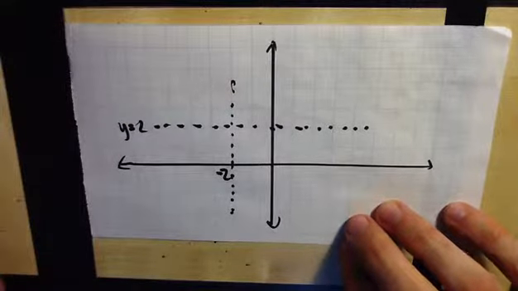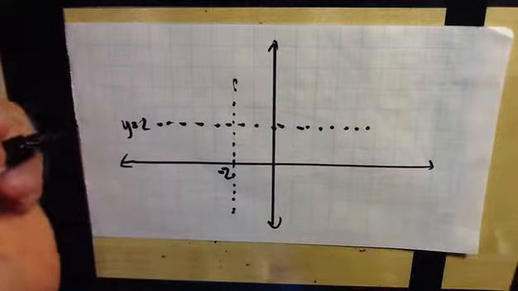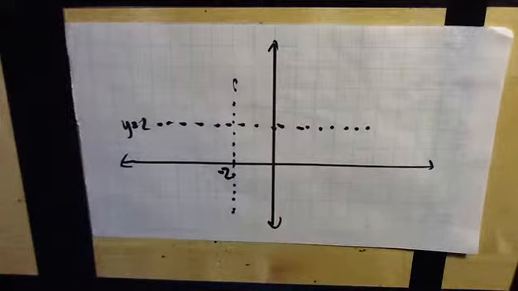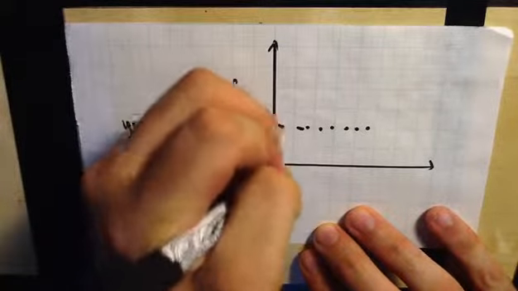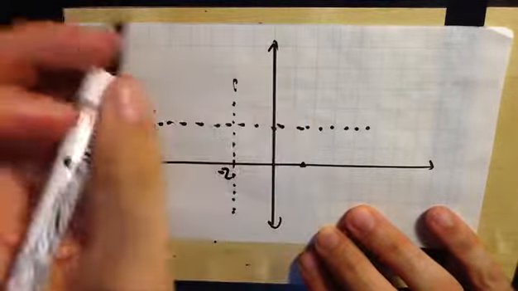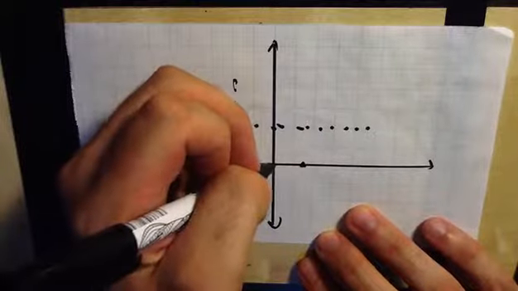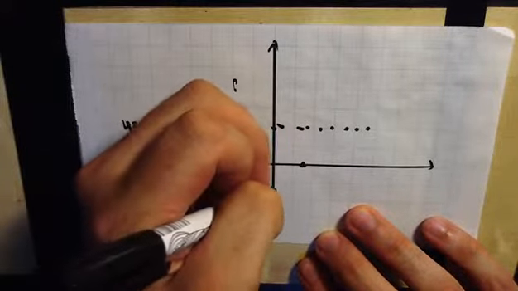I also found that the function has an x-intercept of 1.5, 3 over 2, that's here, and a y-intercept of negative 1.5, negative 3 over 2, which was here.